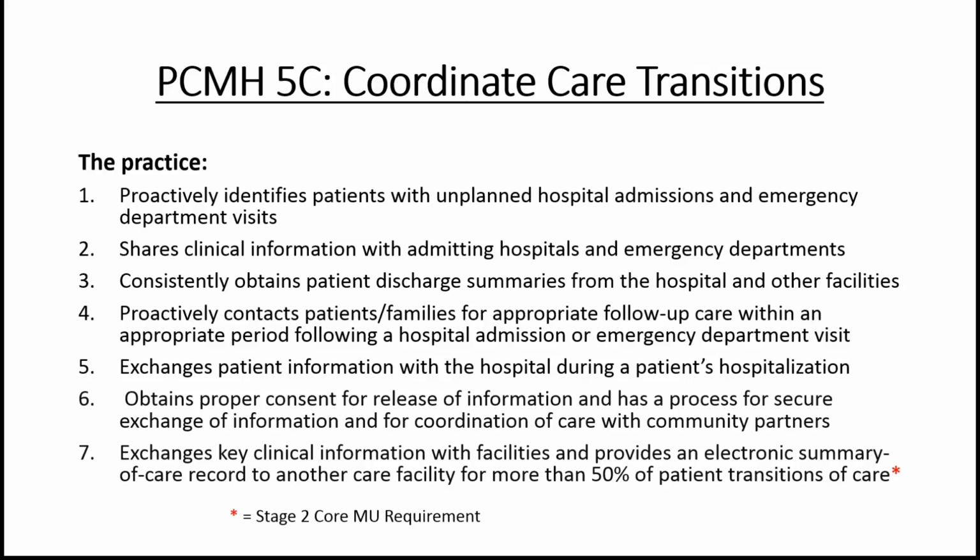And factor 6 obtains proper consent of release of information and has a process for secure exchange of information and coordination of care with community partners. And factor 7 being your meaningful use requirement here, exchanges key clinical information with facilities and provides an electronic summary of care record to another care facility for more than 50% of patient transitions of care.